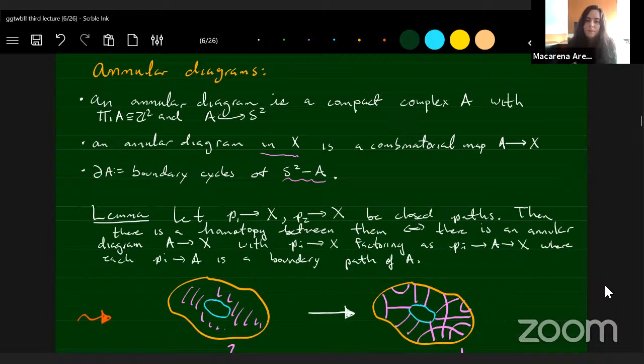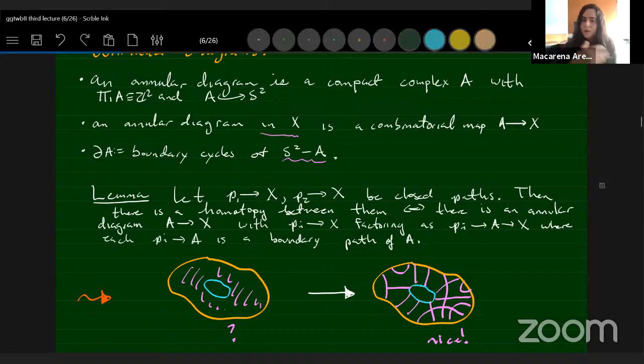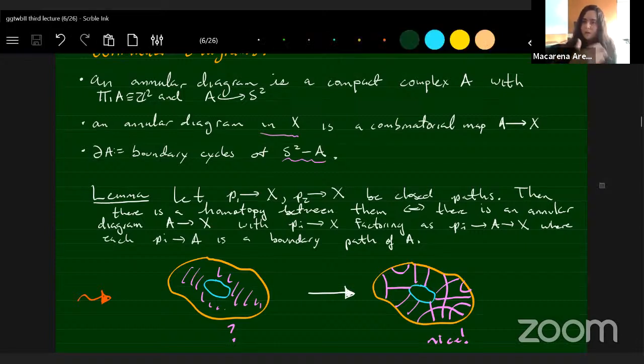Now, we have a version of Van Kampen's lemma for annular diagrams, which says that whenever we have two closed paths in a complex, these are going to be homotopic if and only if there is an annular diagram mapping to X, whose boundary is exactly the union of these two paths.